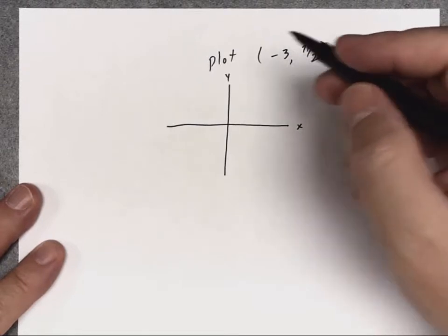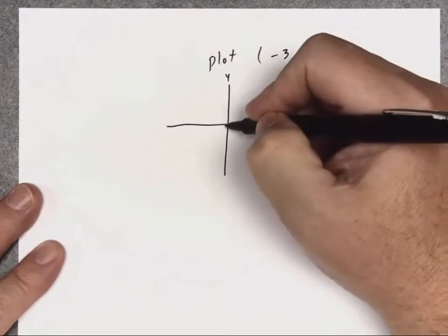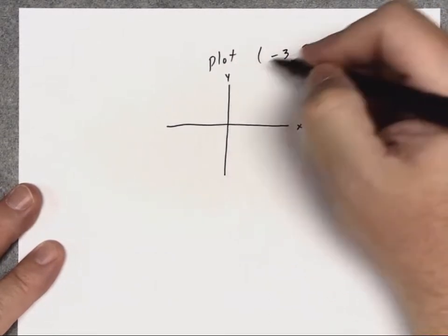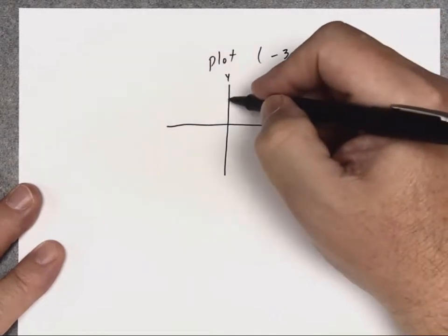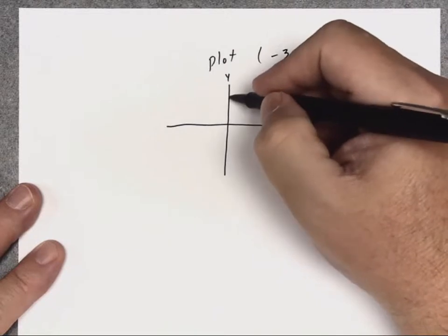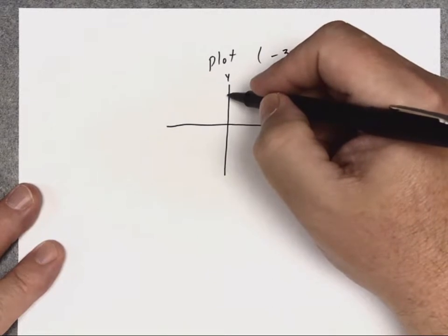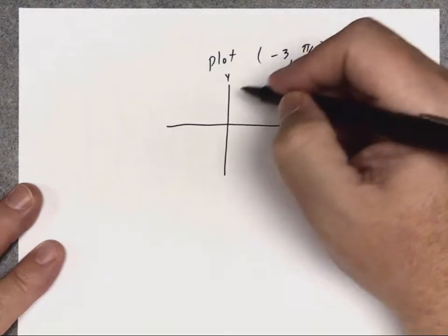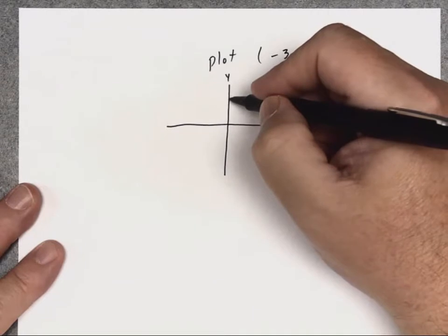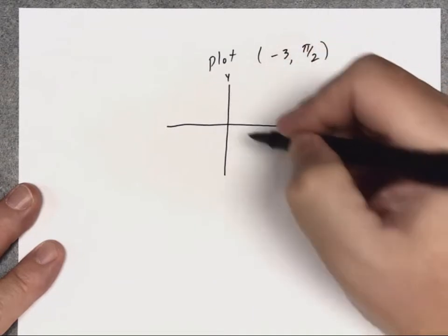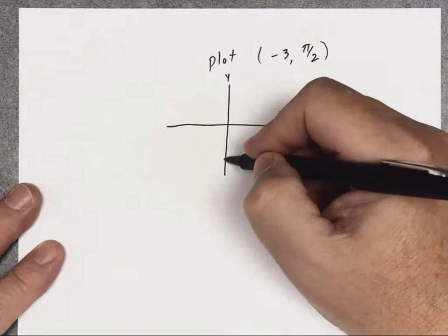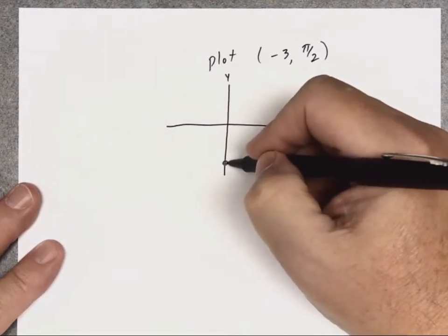Well, what that means is 3 pi over 2 would be up here, but the -3 tells you basically you have to go in the opposite direction. So if +3 is up, so this is pi over 2, this is 3 pi over 2. Positive distance, positive angle. However, the negative distance causes you to basically just go in the opposite direction. So in other words, now I'm going to go right here.